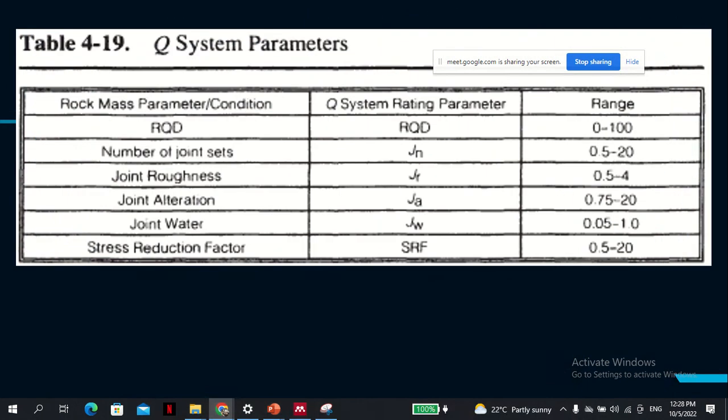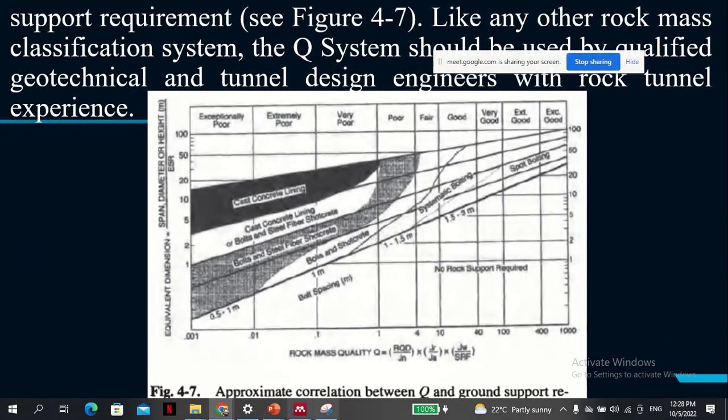So actually, based on this table, you might be asked to design a rock bolt or determine the rock bolt length.